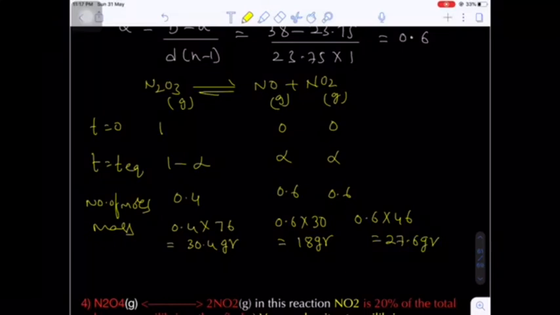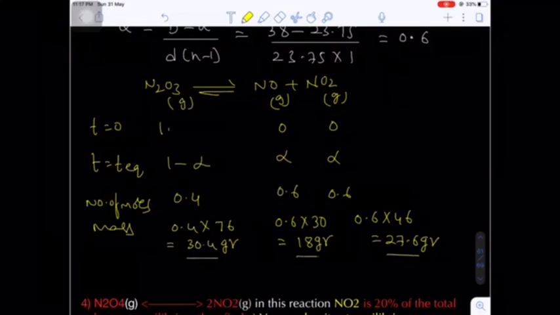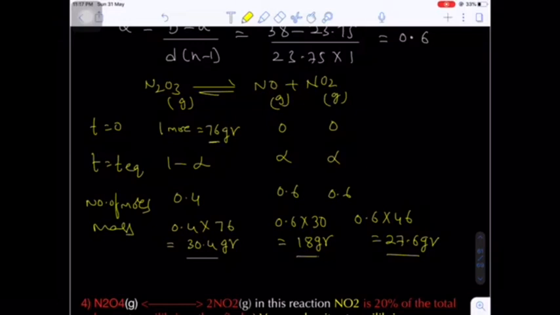If you have any doubt, see the mass conservation. If you add 30.4 plus 18 plus 27.6, you will get 76 grams. This is the law of conservation of mass. Mass at initial is 76 grams, and mass at equilibrium is also the sum of 30.4, 18 and 27.6.